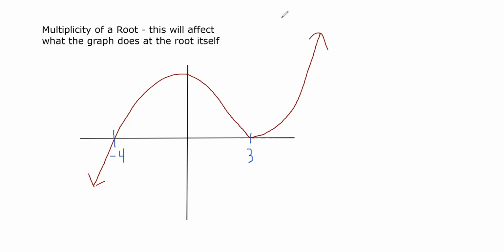Well, if we were to write out the polynomial in factored form, a root of negative 4 is really a factor of x plus 4. Remember, we flip the sign when we write it as a factor. So we would have x plus 4 as one factor.